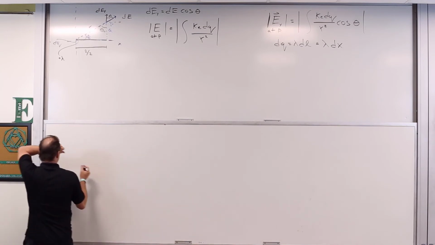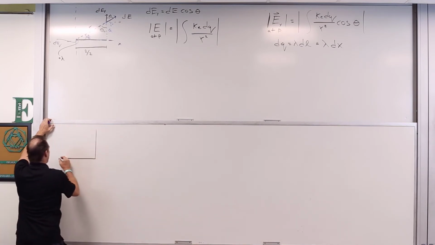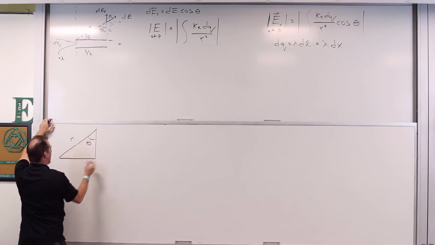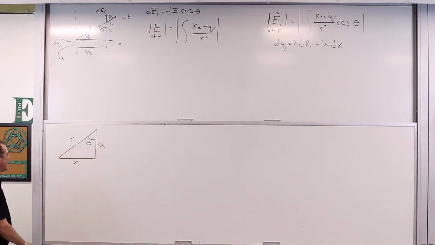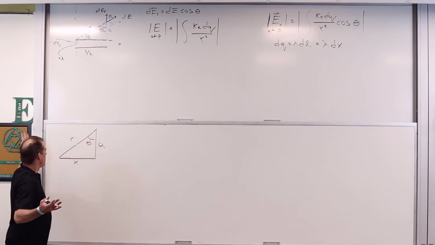So let us do something like this. We've got this nice triangle here. We've got an r, we've got a theta, and we've got an x, and we've got an a. Well, how could we write, say, r in terms of theta and another constant? A is just a constant, the distance that we are away from it. That should be easy.